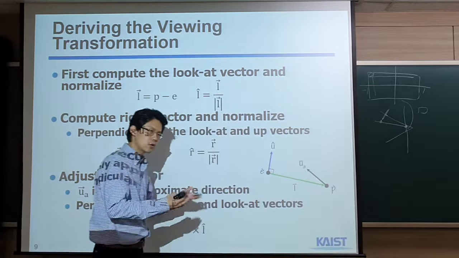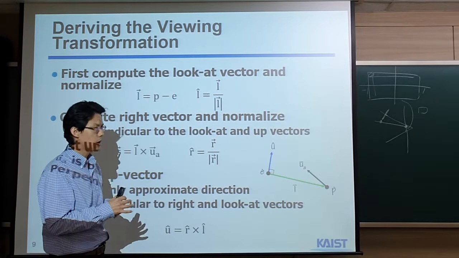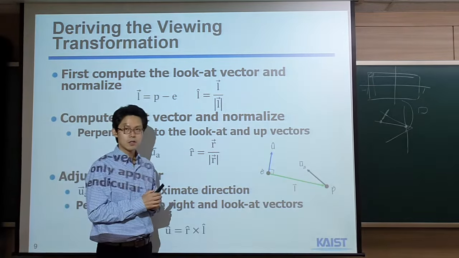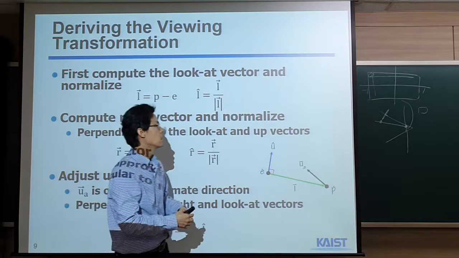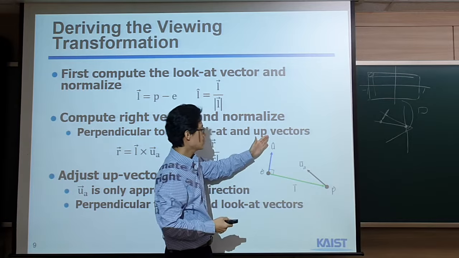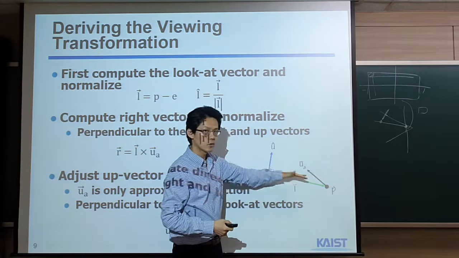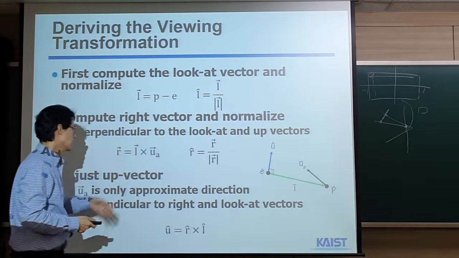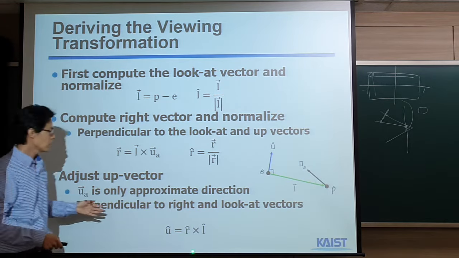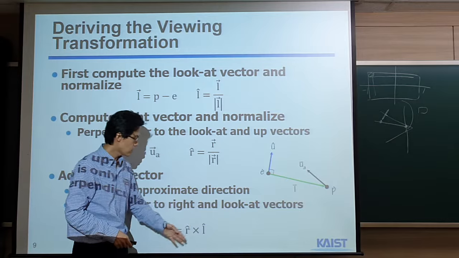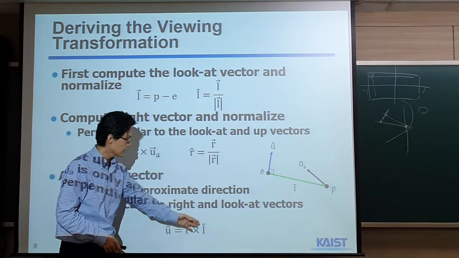So we let the user specify the general direction of the up vector, but we adjust it so that the modified up vector is orthogonal to the look-at vector and also the right vector that we defined here. To do that, we perform the cross product between the R vector and the L vector.